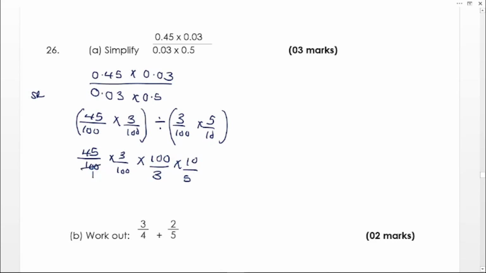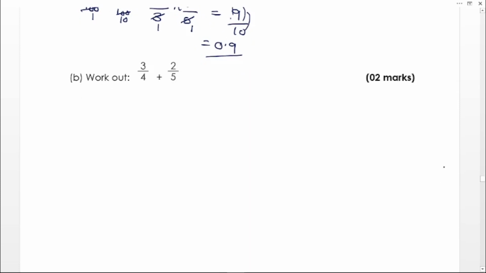Then we simplify by 100, by 3, by 10 and by 5. So 9 times 1 times 1 times 1 is giving us 9 out of 1 times 10, which is now going to give us 0.9. So my dear learner, do not forget to allow brackets always once you are given such numbers. Let us move on and see part B.